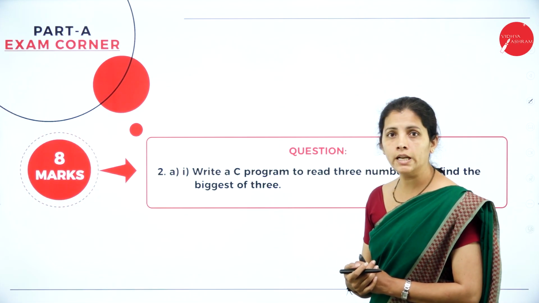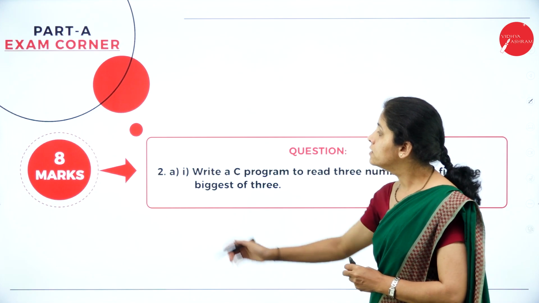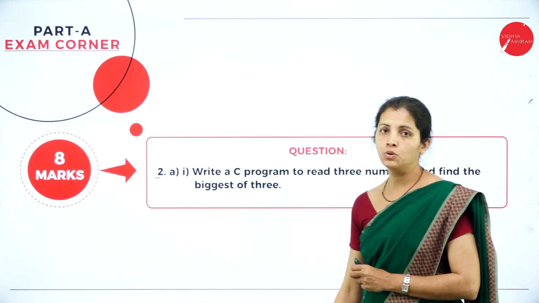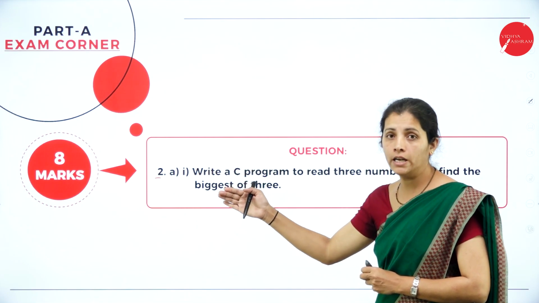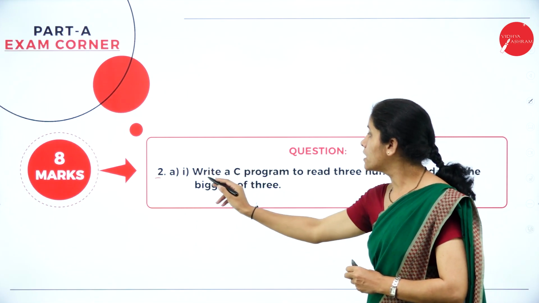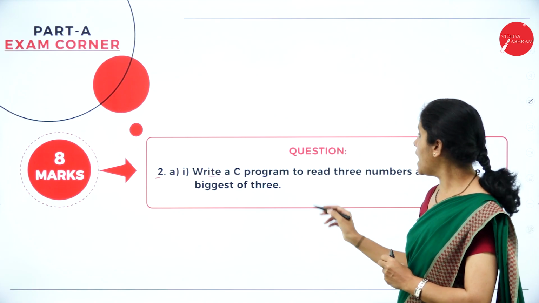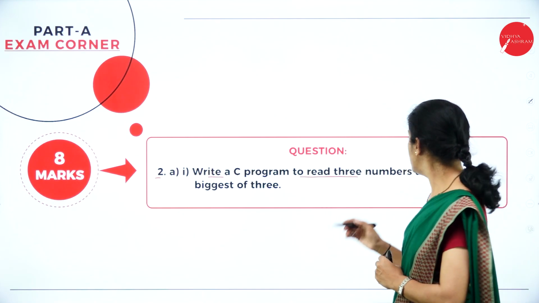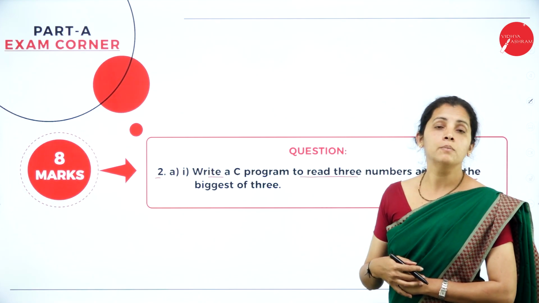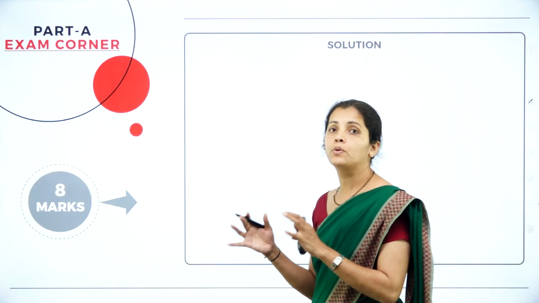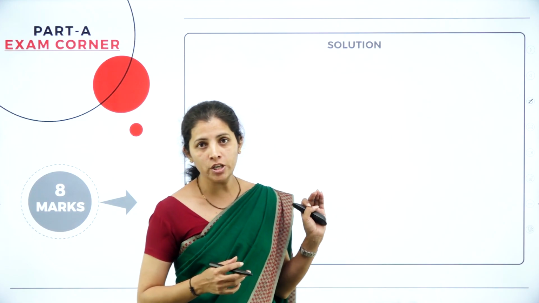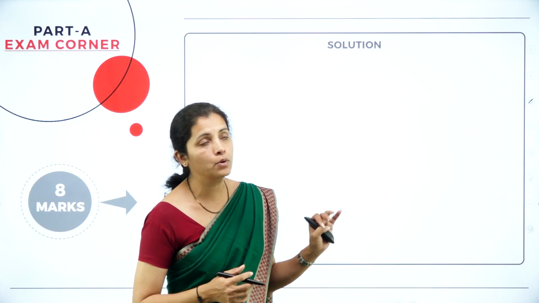Now, dear student, I am going to have the second question. These certain questions are from second unit. See here, write a C program to read three numbers and find the biggest of three. According to the question, I want to write the program.